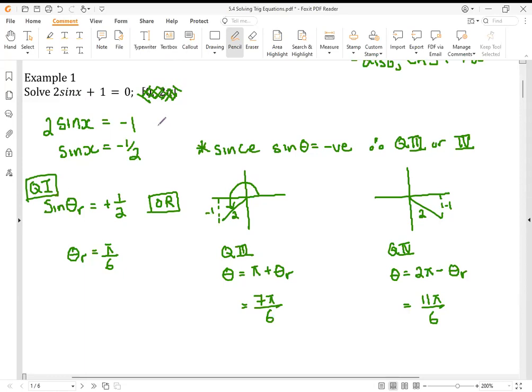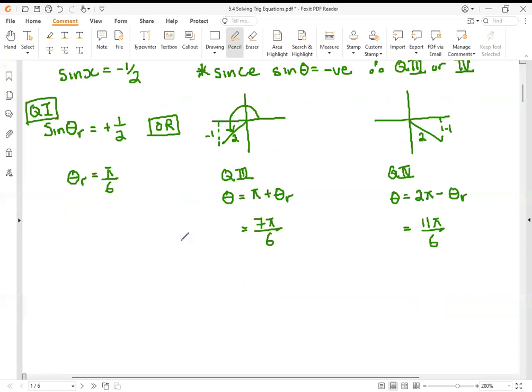Then you have to say, well, it could be 7 pi over 6. It could also be 7 pi over 6 plus a full rotation, because that's coterminal. It could be 7 pi over 6 plus 2 rotations, because that's coterminal, and so on and so forth. If there was no domain, just put a little star.